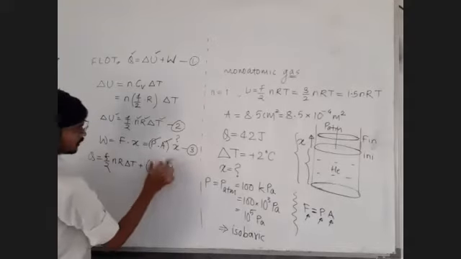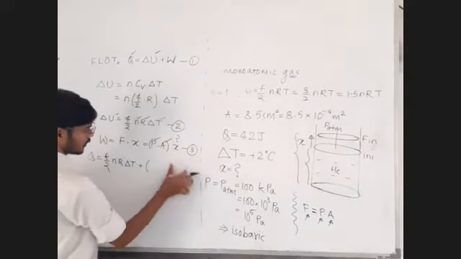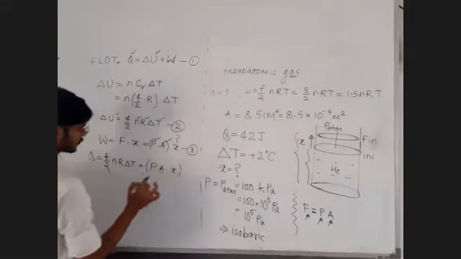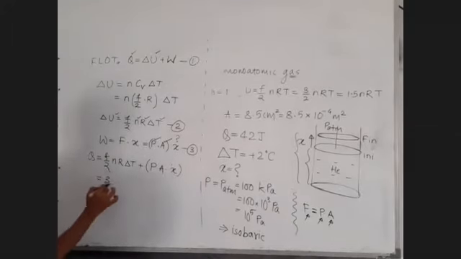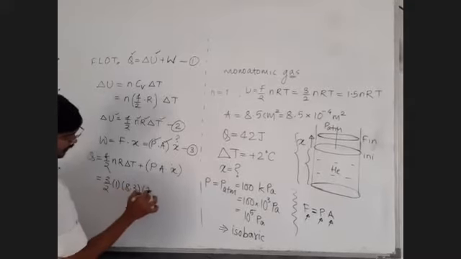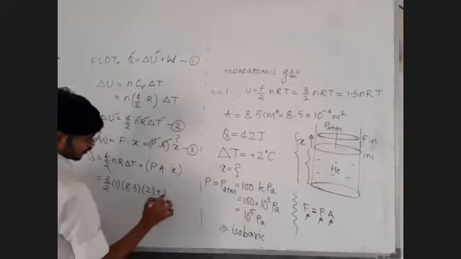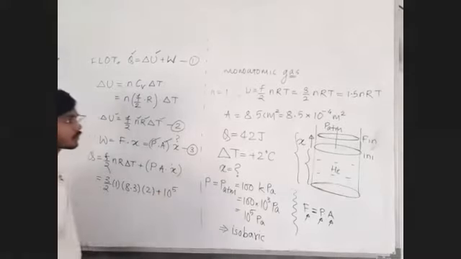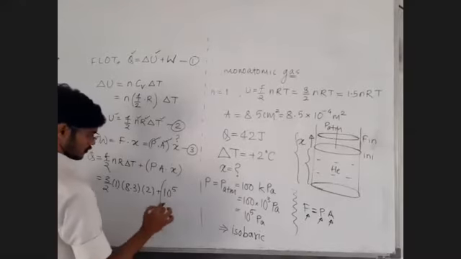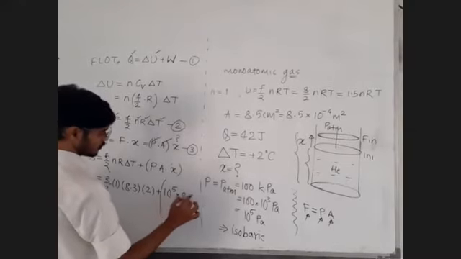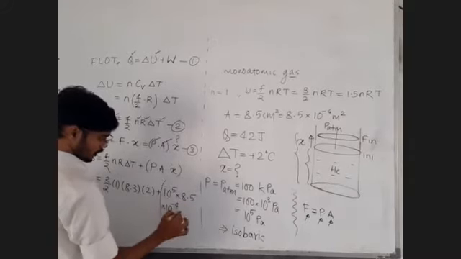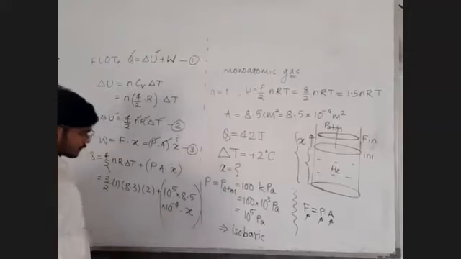Sorry, I should write it as P into A into x, because we have already replaced this value of force. What is f? 3 by 2. n is 1. R is 8.3, we will take. Delta T is 2. Pressure is 10 raised to 5. Area is 8.5 into 10 raised to minus 4, into x.